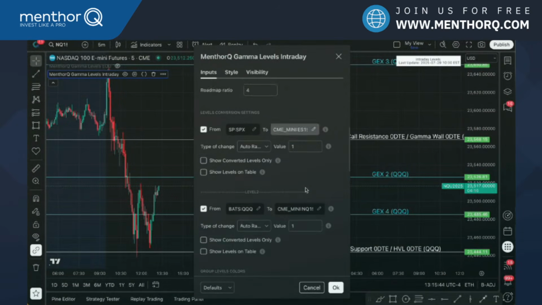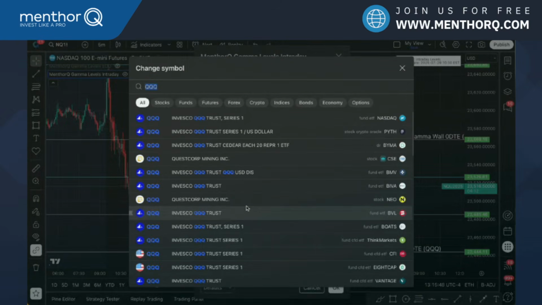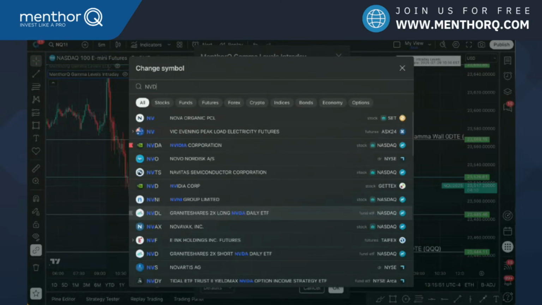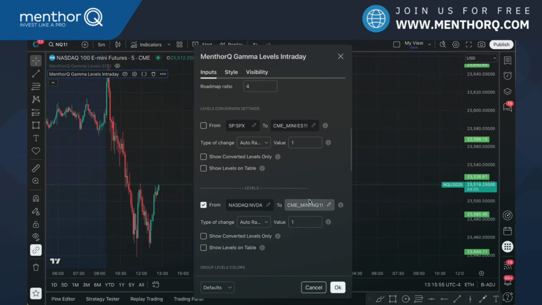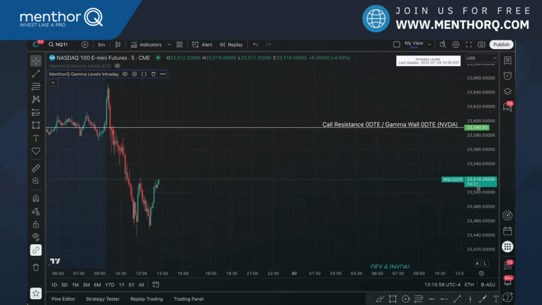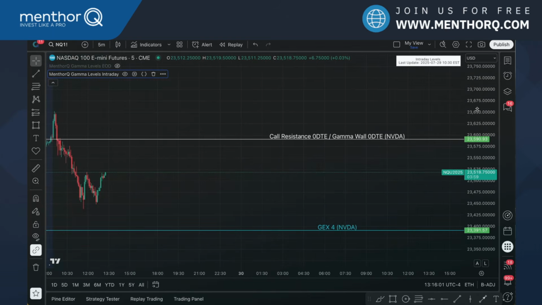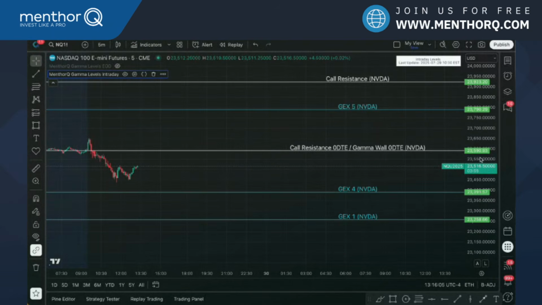Now when we go into the conversion settings, what we simply need to change is the ticker. So let's say that we want to convert NVIDIA levels to NQ. We can simply do that, and now we have our NVIDIA levels right here.